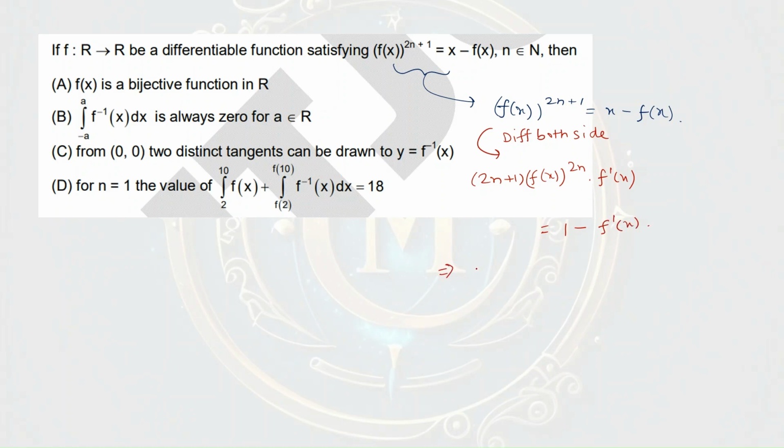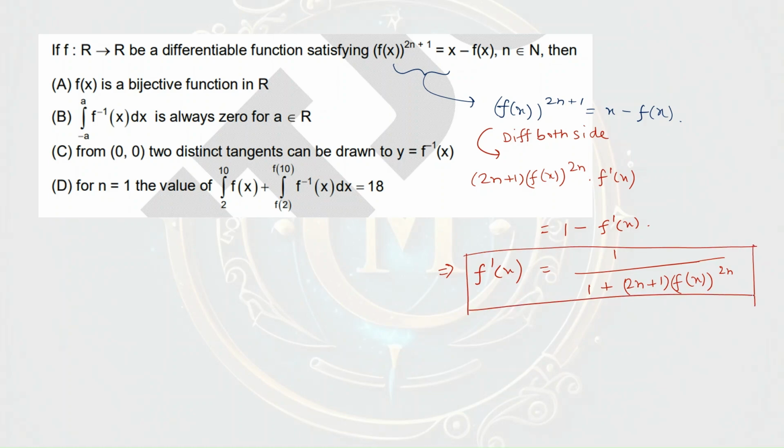That means f'(x) becomes 1 over 1 plus (2n+1) times (f(x))^2n. This is the expression we got for f'(x). Now we can see clearly that f'(x) is greater than 0 for all x belonging to real numbers. That means f(x) is strictly increasing.